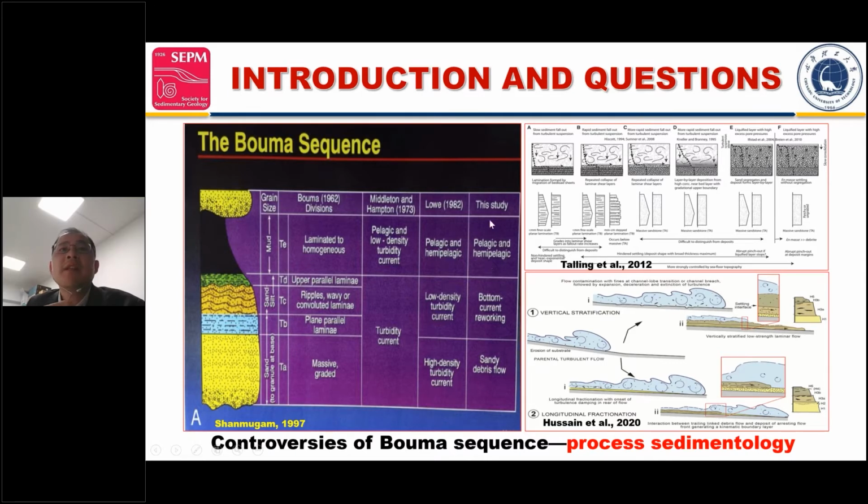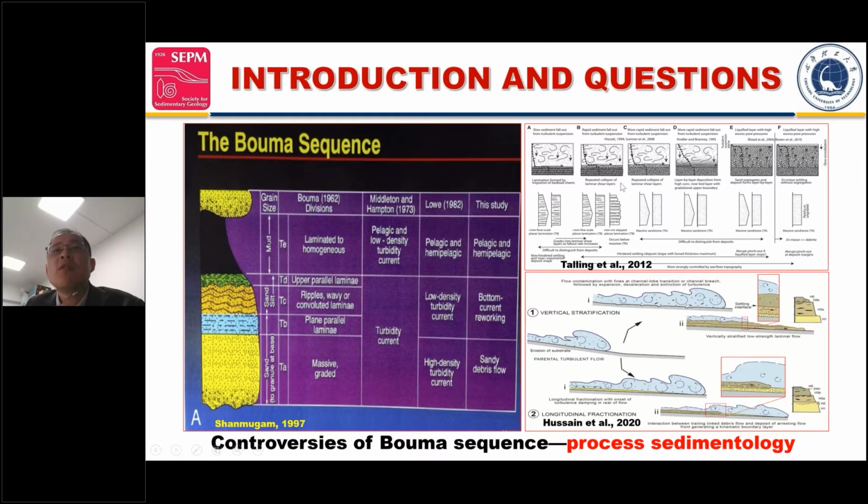In 1997, Shanmugam interpreted the TA division as a sandy debris flow deposit and the TB to TD divisions as bottom current reworked deposit, and the mudstone as pelagic and hemipelagic deposit. So we can conclude that there are many alternative interpretations for describing the transport and depositional process from the rock record.